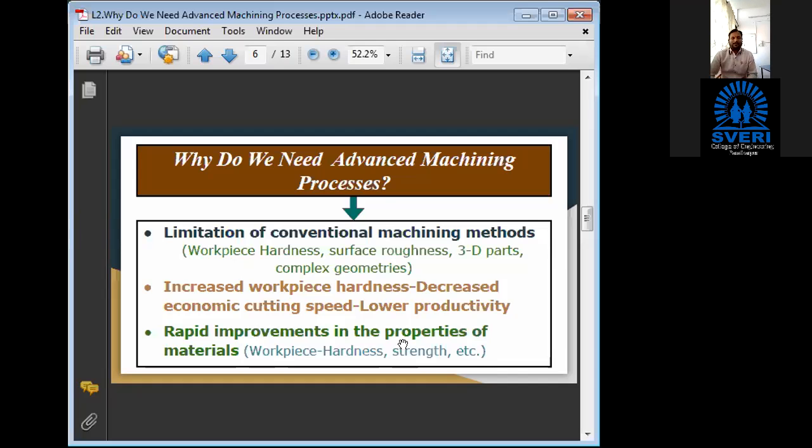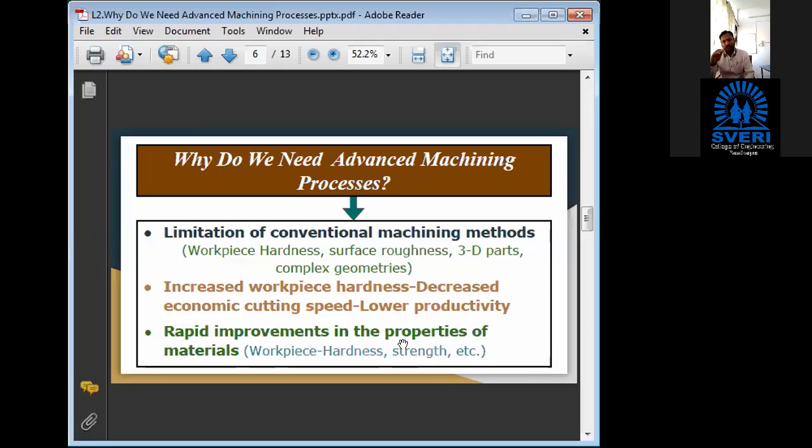How are they going to manufacture such joints or parts as a demo? Such a 3D component is very difficult to make by our conventional machining process, whether using a conventional lathe, drilling, shaper, or milling machine, because those 3D components are complex in nature. Again, these 3D components are made of super alloy materials, which are very hard, very hard metal.